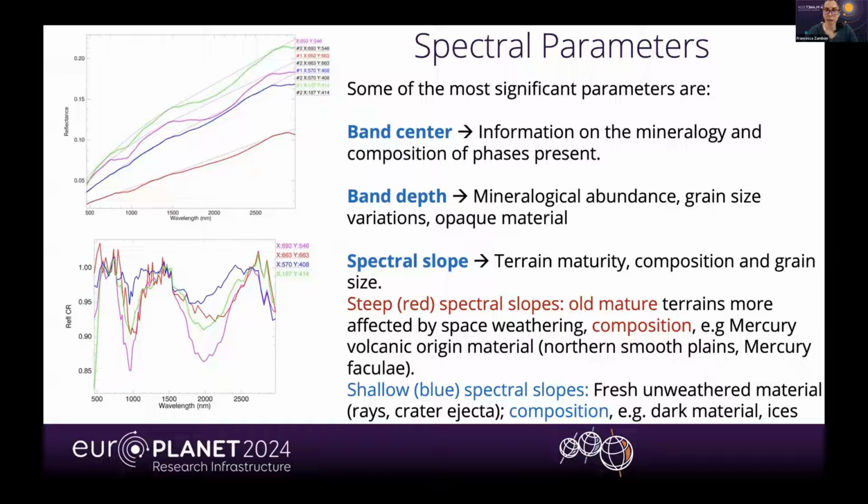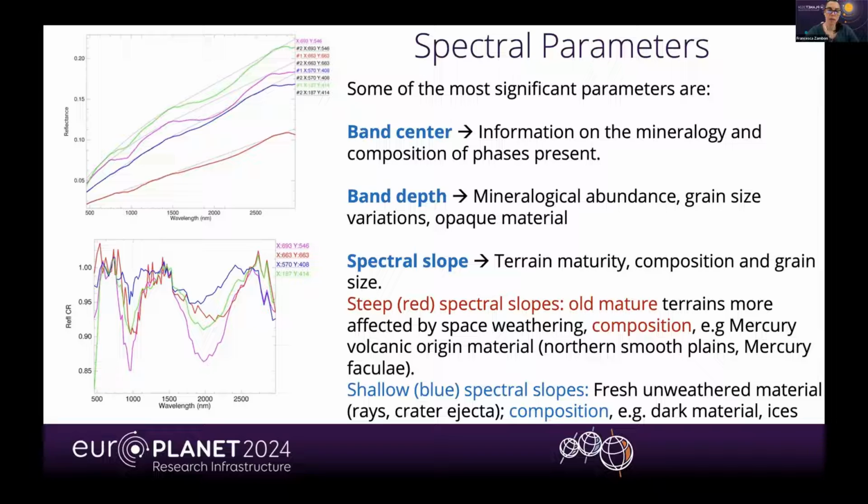We have also the band depth, which is important because this kind of parameter is really related to the mineralogical abundances of the phases present, but also to grain size variation and to the presence of opaque material. Generally, the band depth can vary with grain size variation.